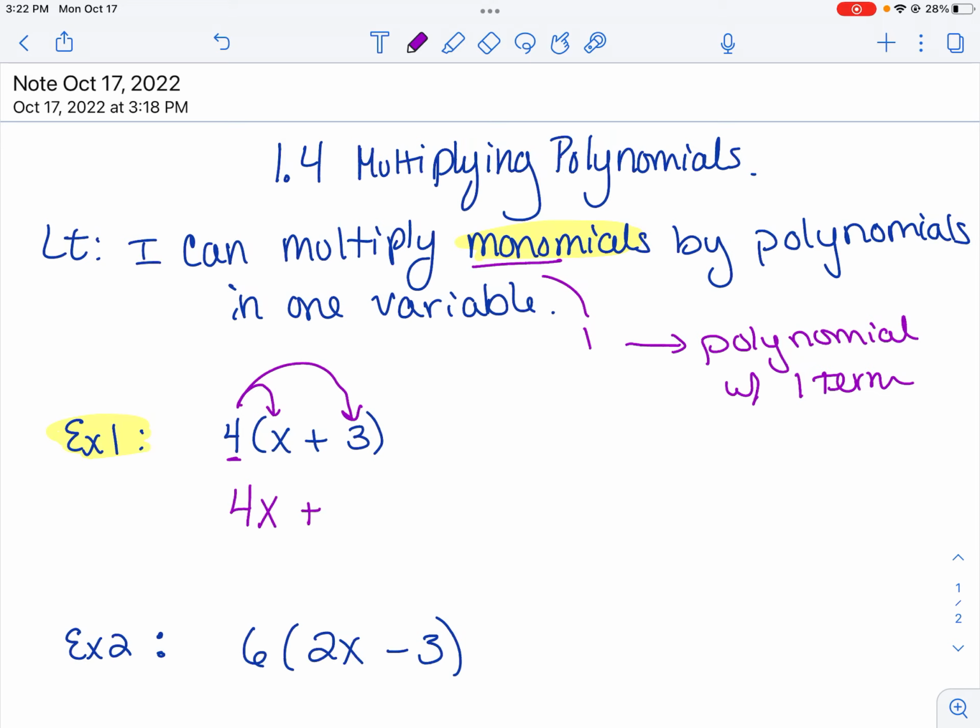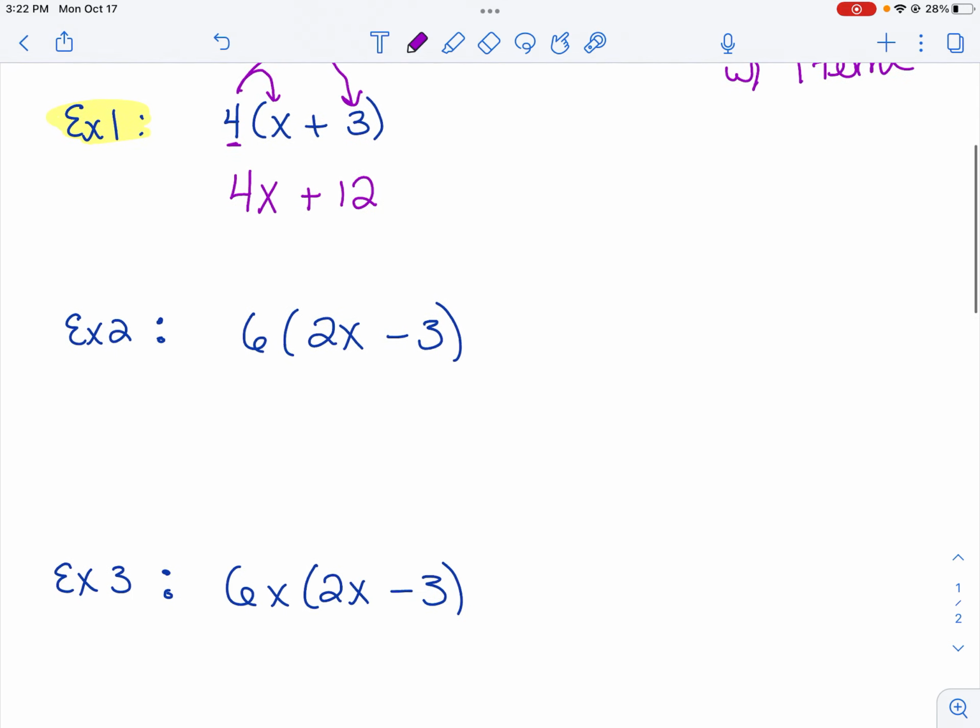So plus sign comes down, and 12. I always want to look and see, can I combine like terms once I do that? In this case, the answer is no, because like terms have to have the same variable raised to the same exponent.